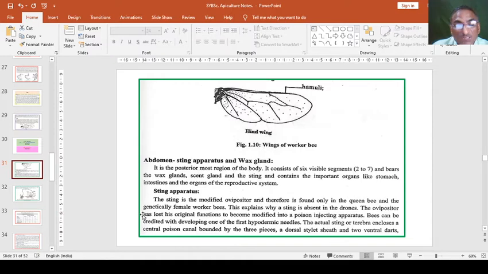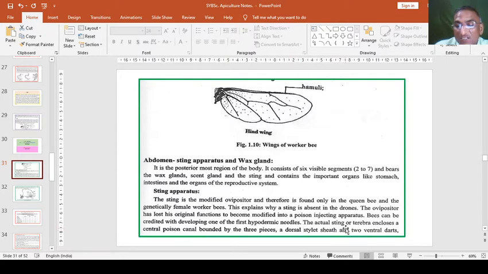The ovipositor has lost its original function and become modified into a poison-injecting apparatus. Bees can be credited with developing one of the first hypodermic needles. So the sting works like a needle.